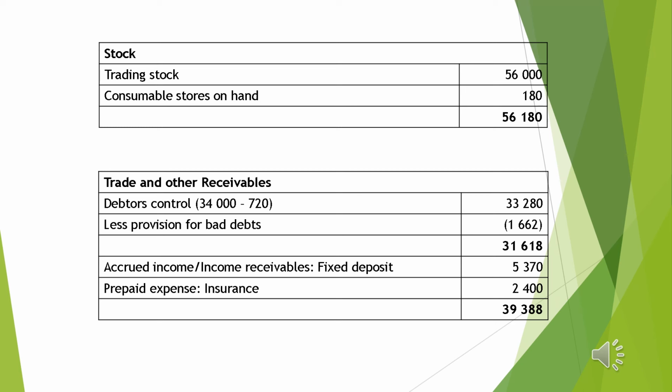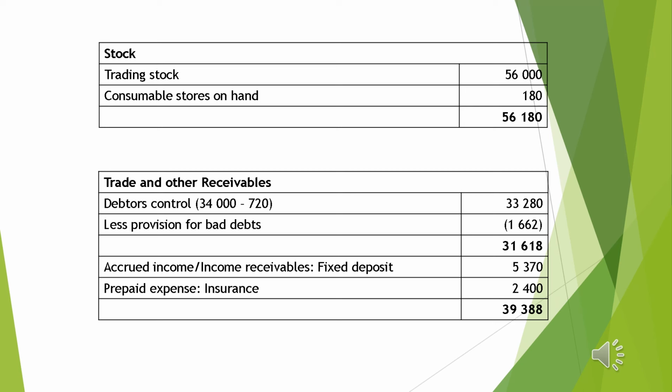Then we group them and call them consumable stores on hand, items that were bought and that we have used during the financial year. Then you get a total of 56,108 that will be separately disclosed in your balance sheet or statement of financial position.